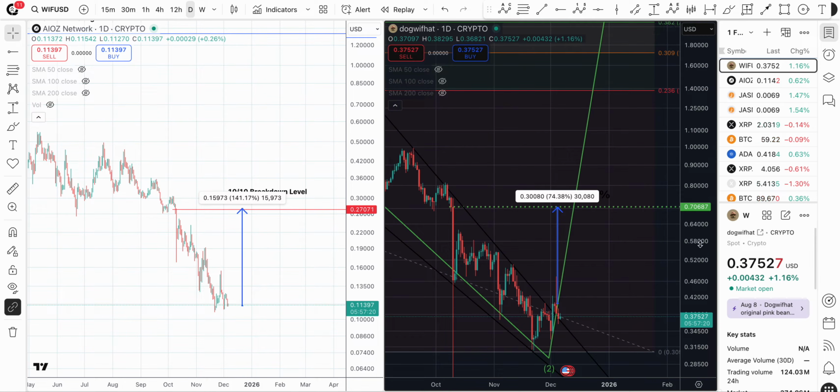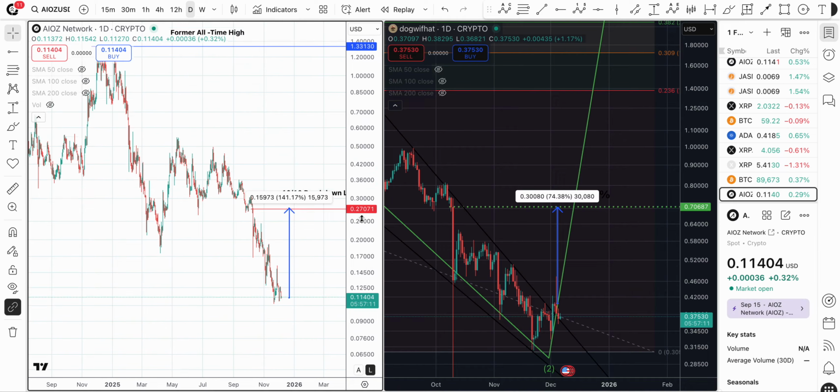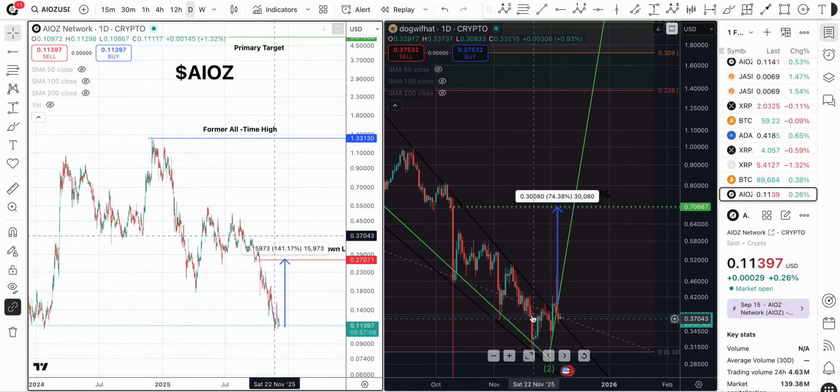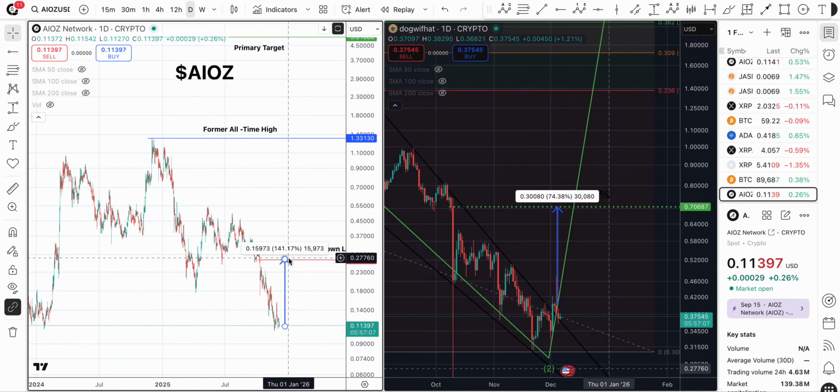Theoretically, if you were looking to trade anything, you would trade out of your WIF and buy AIOZ because in the short term, that should be getting a higher percent. That's on the short term though, right? Okay. So now you understand that's that last drop down level. That's what we're looking at.